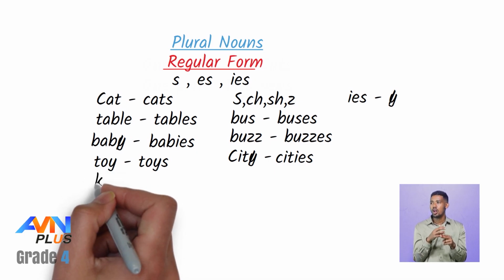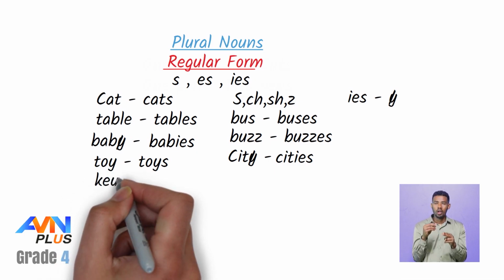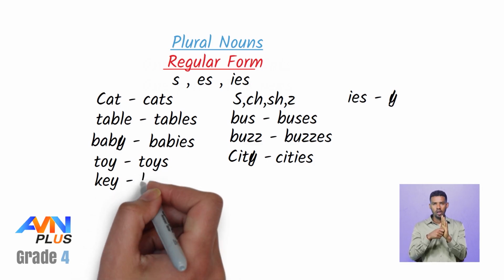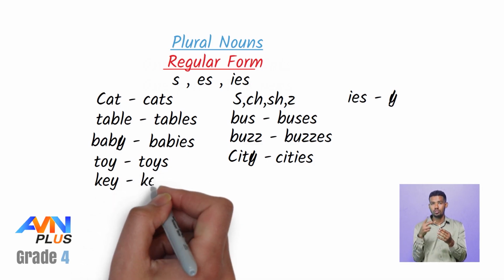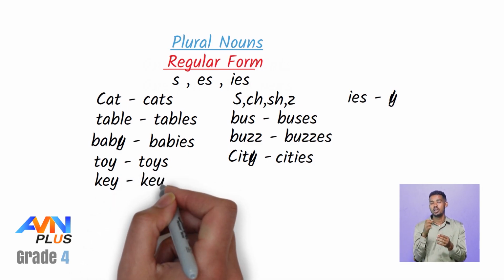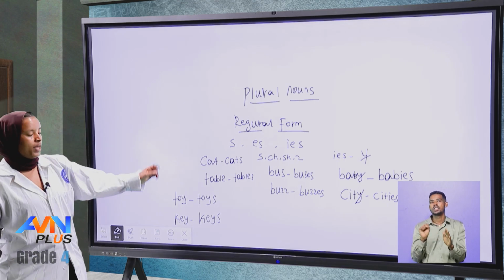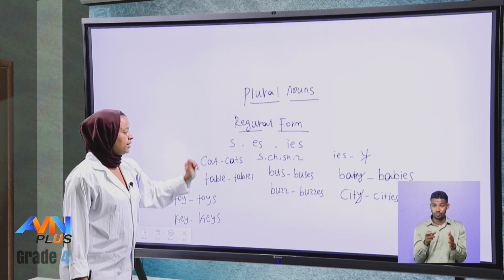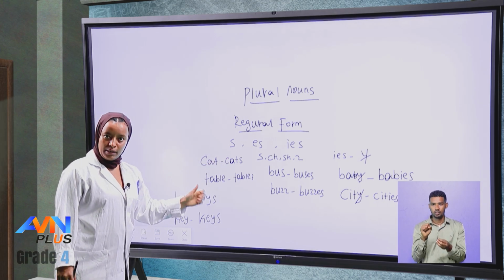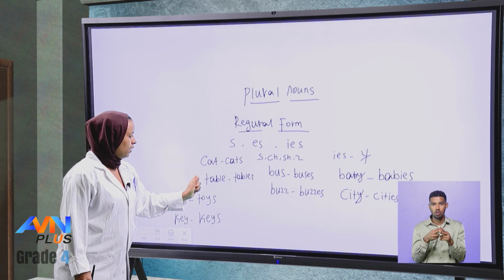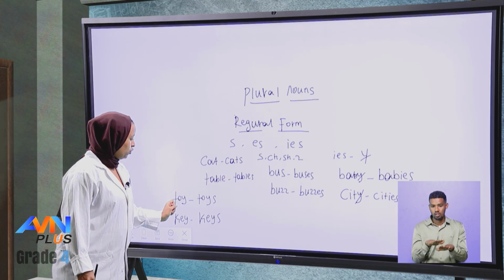Let us add one more, key, the same as toy, ending with the vowel e: keys.